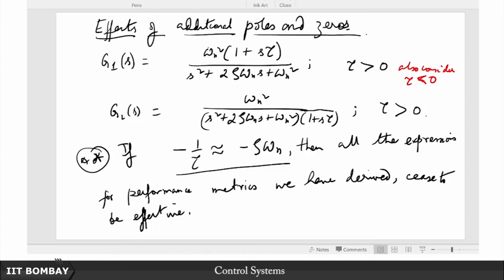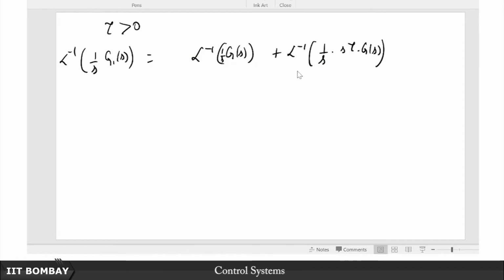Let me just mark it out, without this. So this is what I am deciding to call G(s). Now you see immediately what follows is that this s and s will cancel. So this is going to be the usual response that we understand.